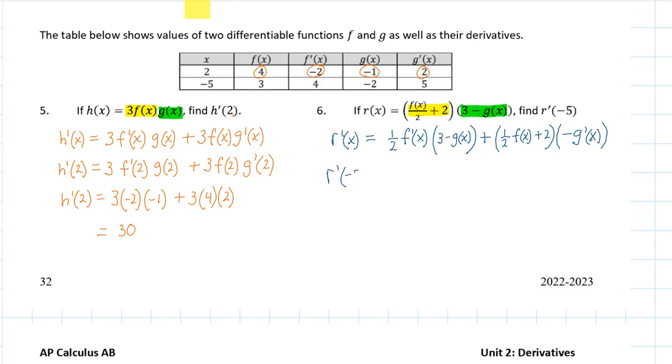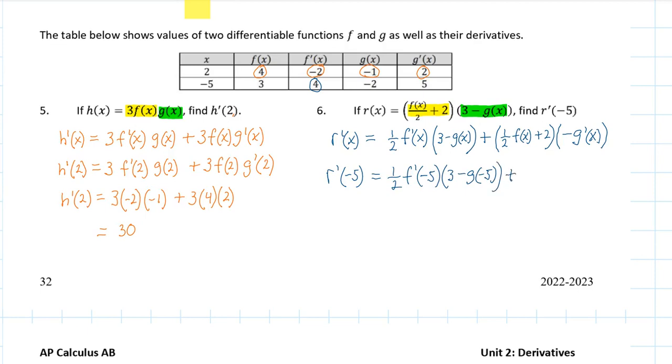R prime of -5. Okay, so we have 1/2 times f prime of negative 5, that's 4, times 3 minus, well, you know what? I should actually write this out for you guys. F prime of negative 5 times 3 minus g of negative 5.